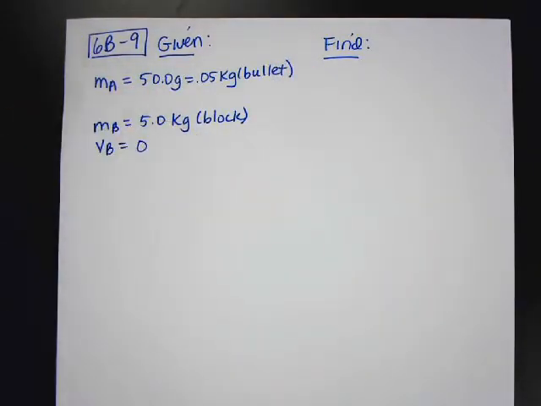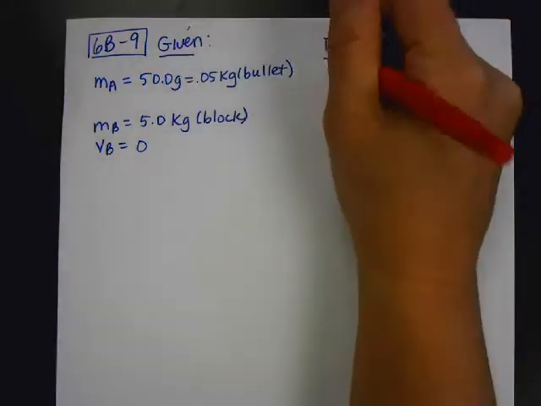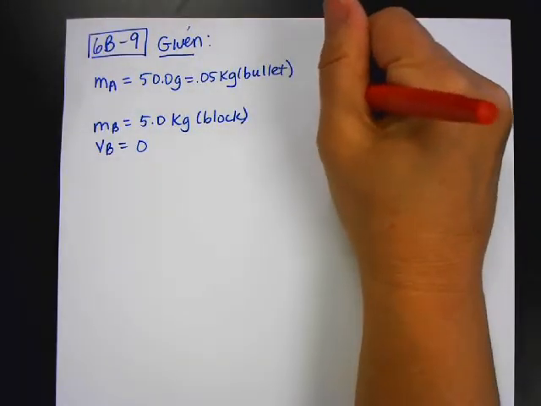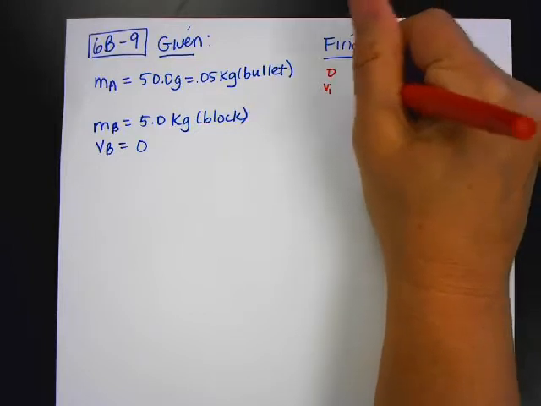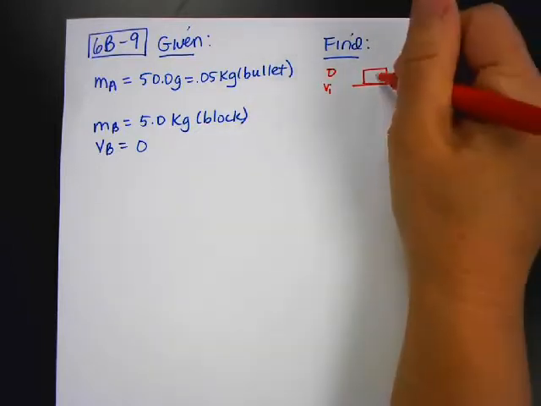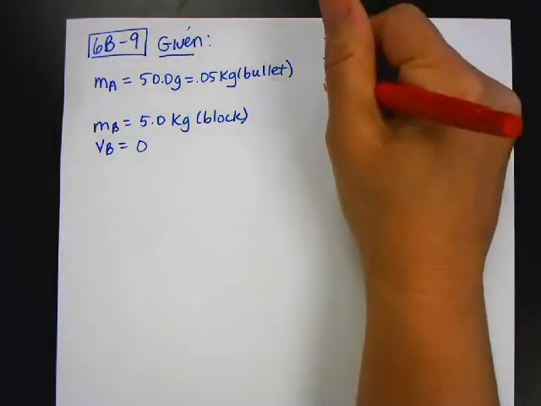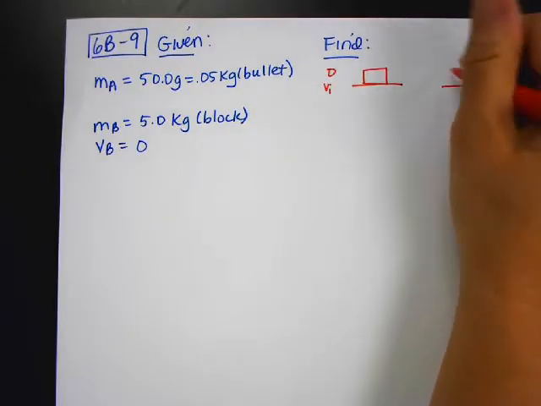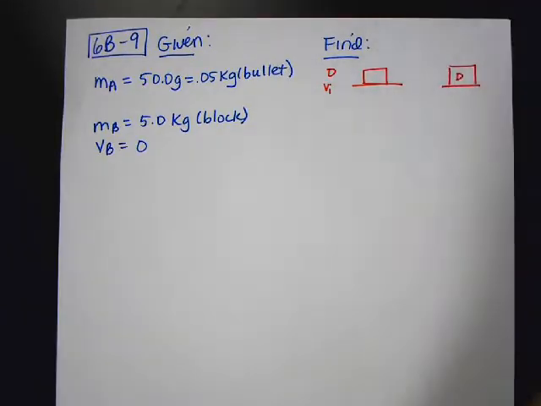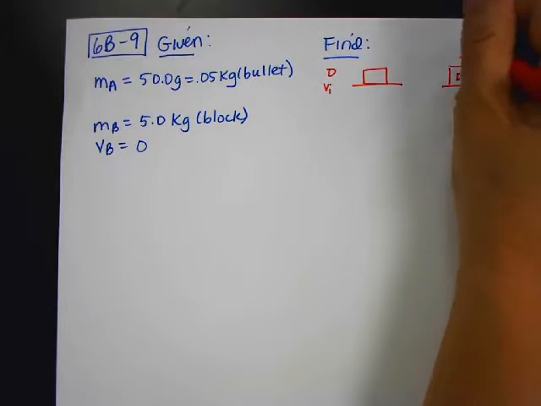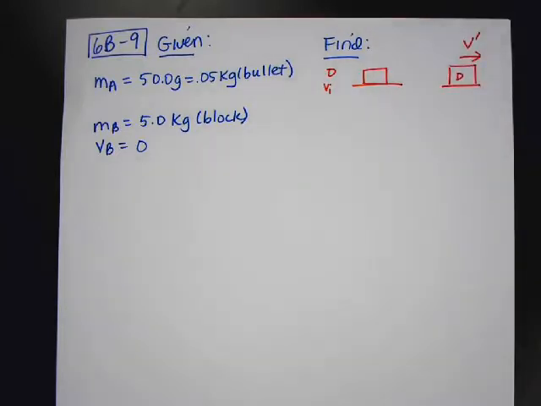If I want to conceptualize this, the bullet is going to have an initial velocity, and it's going to strike the block that's initially at rest. Then the bullet's going to be embedded in the block, and they're going to move off together with one velocity.